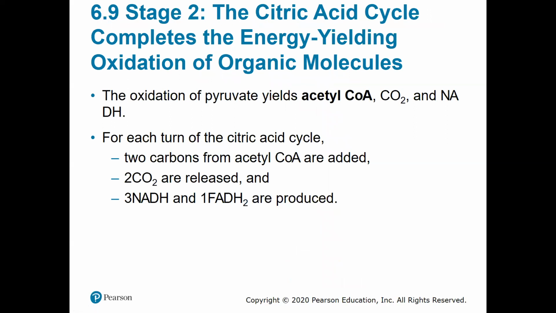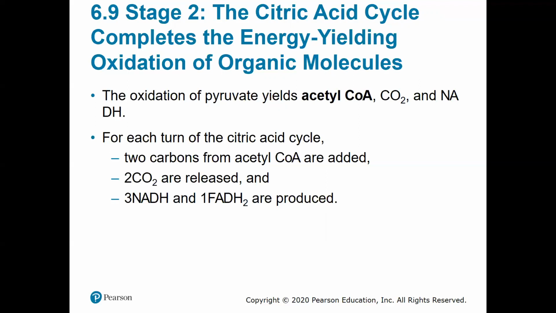So that takes us to stage 2, which is the citric acid cycle and pyruvate oxidation. So pyruvate, which was created in glycolysis, has to be prepped to enter into the mitochondria and then prepped to be used in the citric acid cycle. So once pyruvate becomes oxidized, you will create acetyl-CoA.